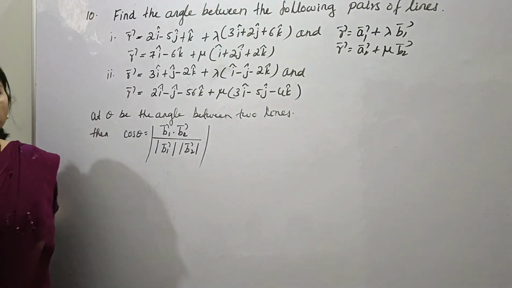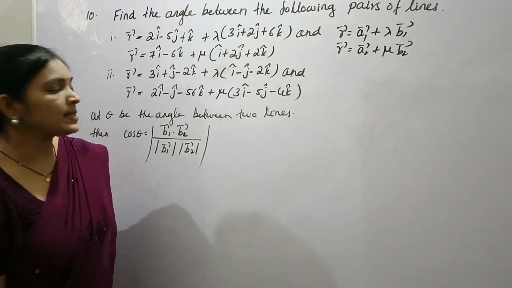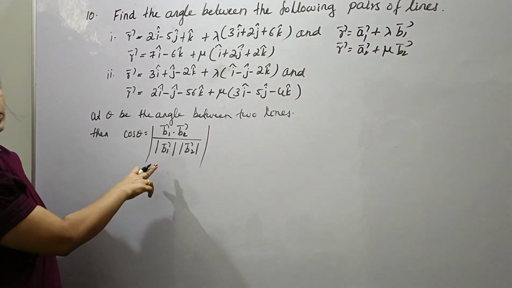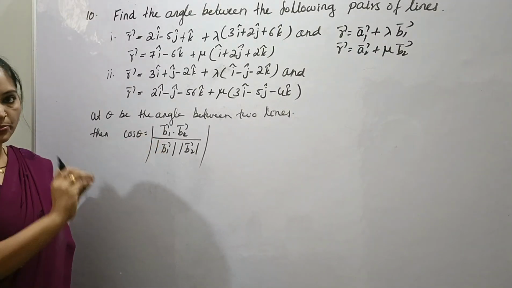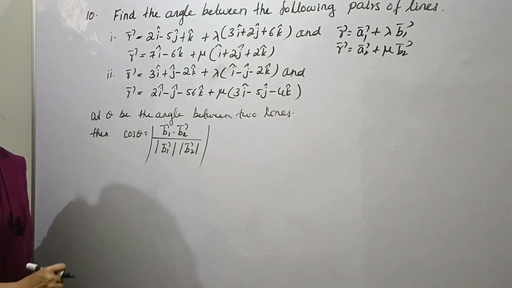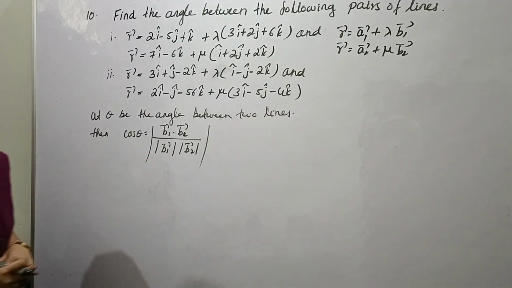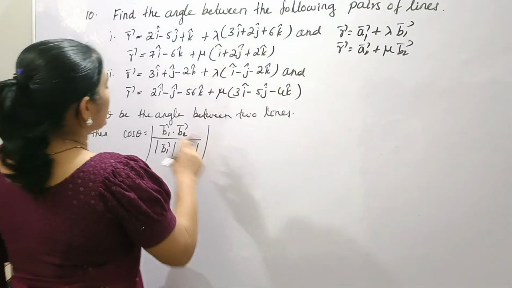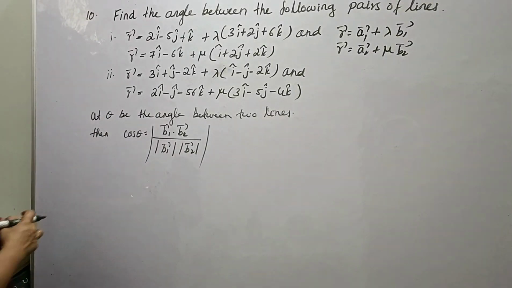If theta is the angle between two lines, then cos theta is equal to the modulus of b1 dot b2 divided by modulus of b1 into modulus of b2, because cos theta is positive. Now let's substitute. What are vector b1 and vector b2?